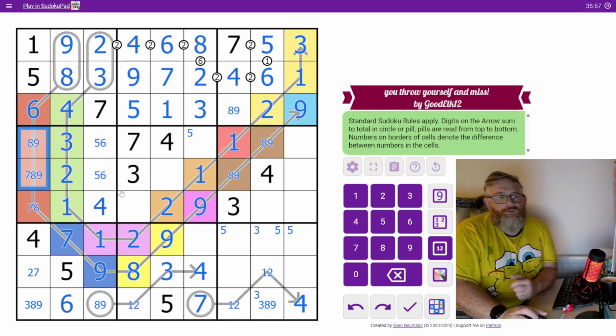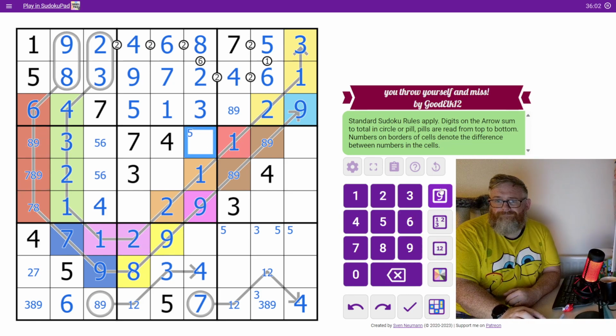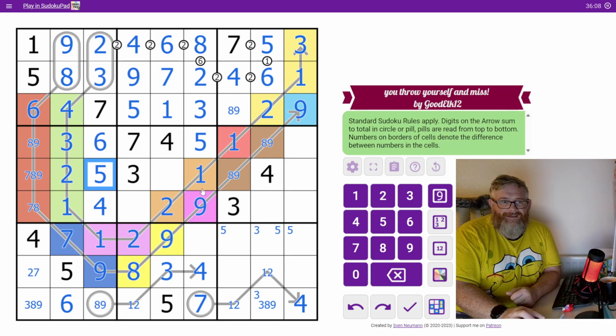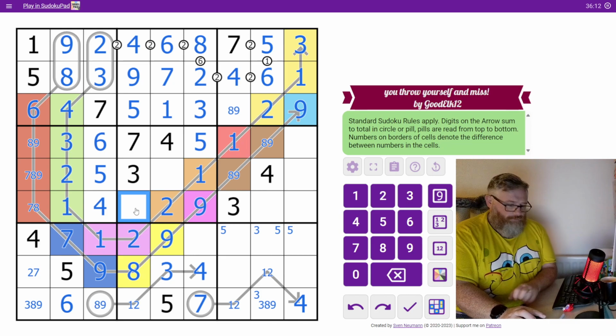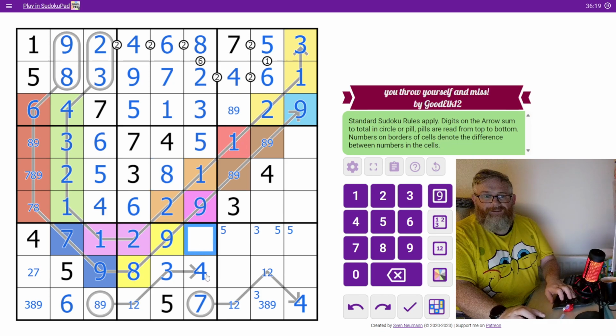Okay, so what have we got left to do? We've got a lonely 5 sat there, which I think we can now fill in. And that's the wonder of these pencil marks. So 1, 2, 3, 4, 5, 6 needs to go somewhere. So there's 6. 8 needs to go somewhere. So now in this column we've got, is it 6?